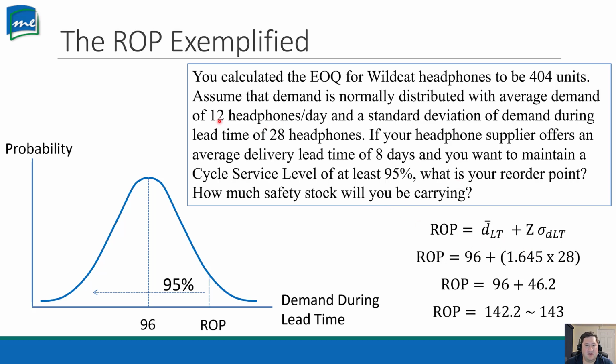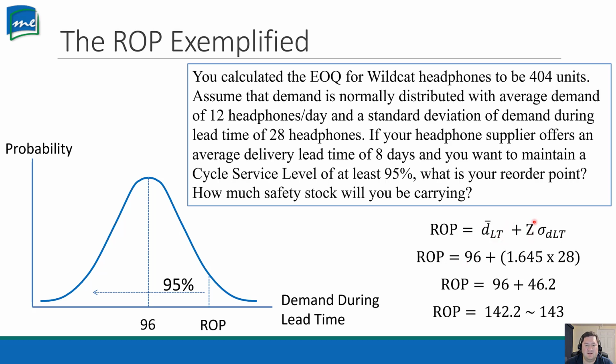We have our average demand, the d bar, which is 12, right? And they said it's going to take us an average lead time of 8 days, so LT, lead time. So 12 times 8 is 96.